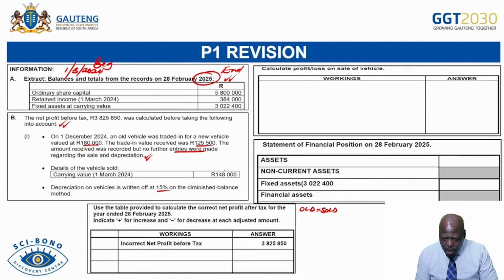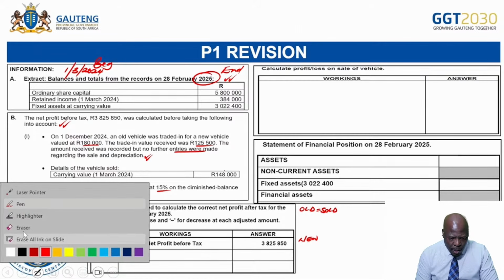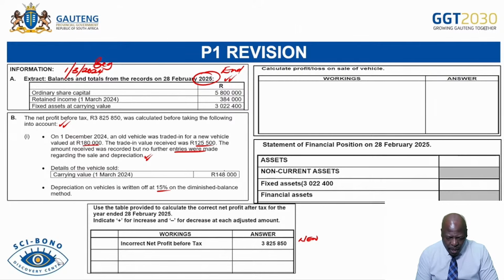We have the sold, and we have a new. Let me replace the old with the sold there. So we have the sold vehicle and we have a new vehicle. With the sold, we are given the carrying value to be 148,000 there.